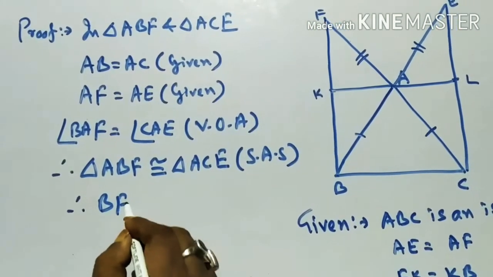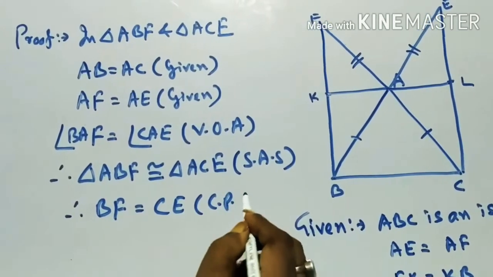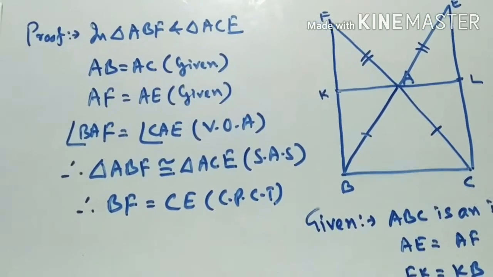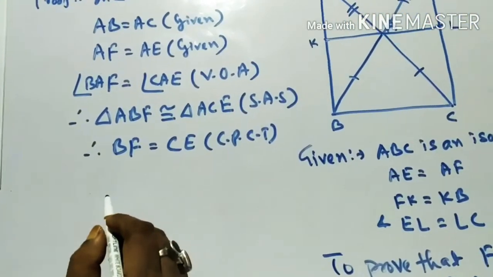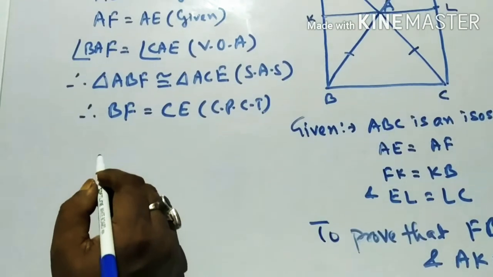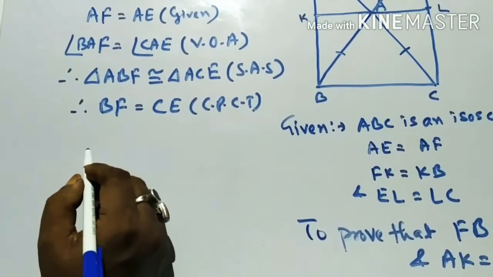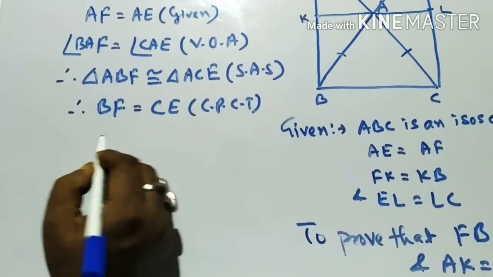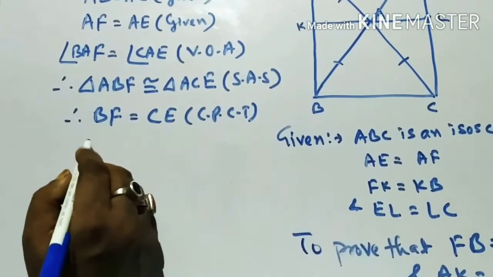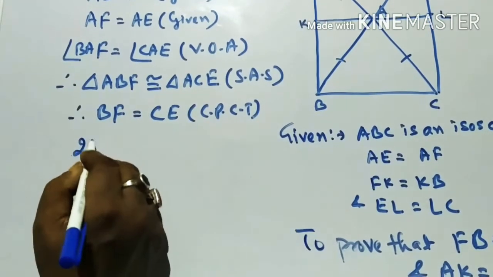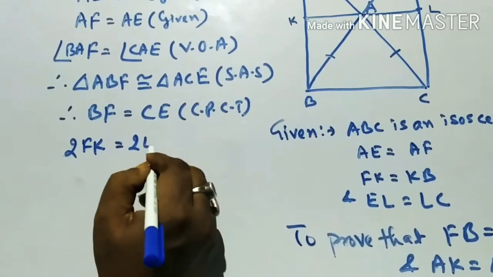Therefore, BF is equal to CE, CPCT. Now again you will see that BF is equal to CE, so instead of BF, I can write 2FK is equal to 2EL.